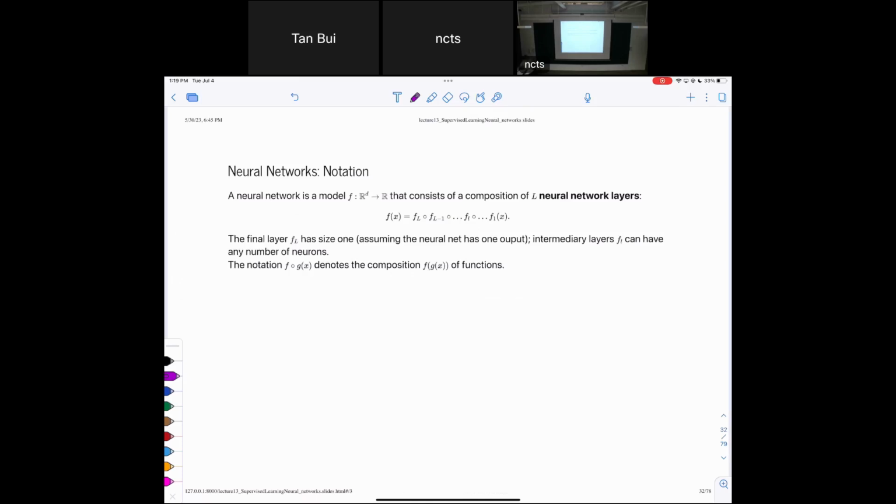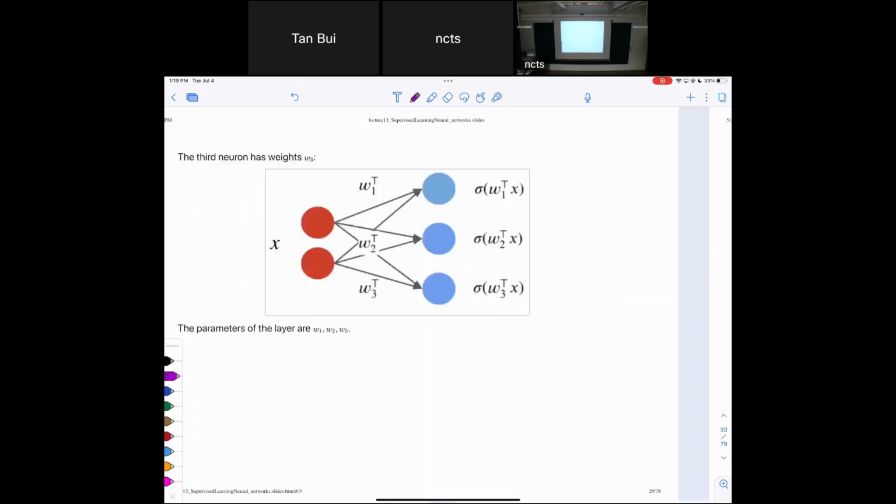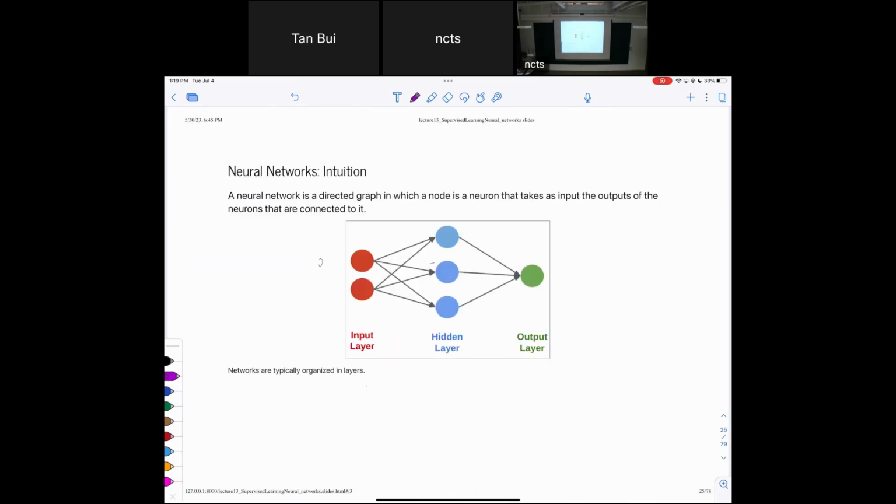This is an L-layer neural network. So by the way, let me go back here. This is a two-layer network. Typically, when you count, this is not universal, everybody uses it differently, but the very popular convention is that you don't count the input layer.